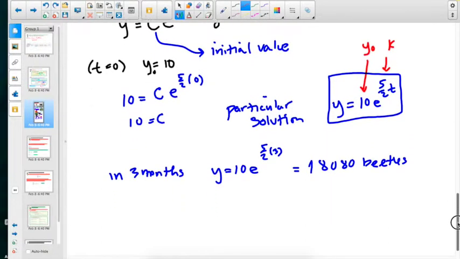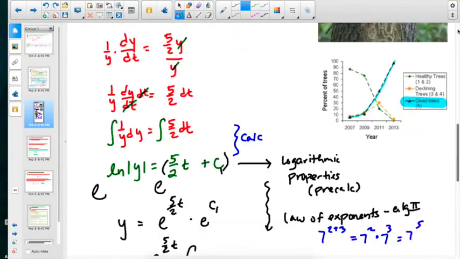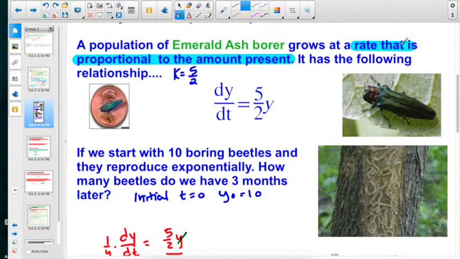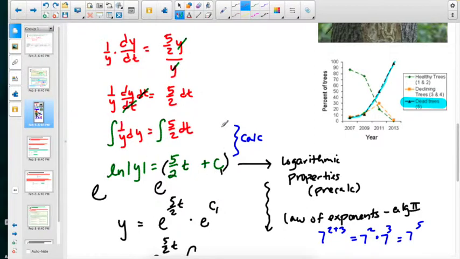So whenever we see that phrase up here that I highlighted, rate that is proportional to the amount present, we should be able to jump right to the equation even without doing the separation of variables.